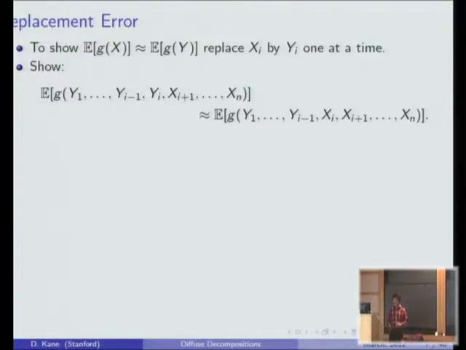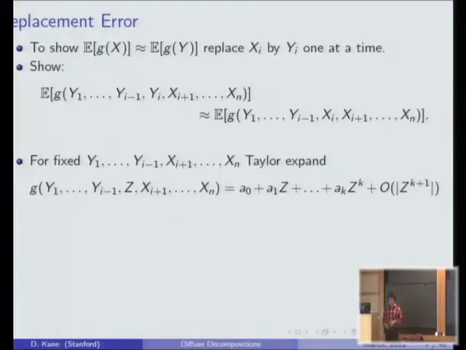So the idea here is that because our x's and y's are all independent of each other, we can fix the values of y1 through y_{i-1} and x_{i+1} through xn. And then because g is smooth, we can Taylor expand it about this ith coordinate.